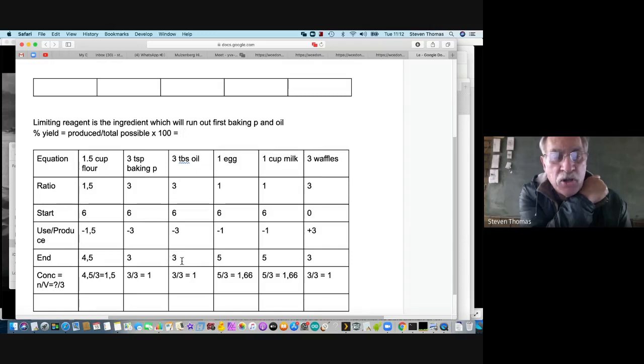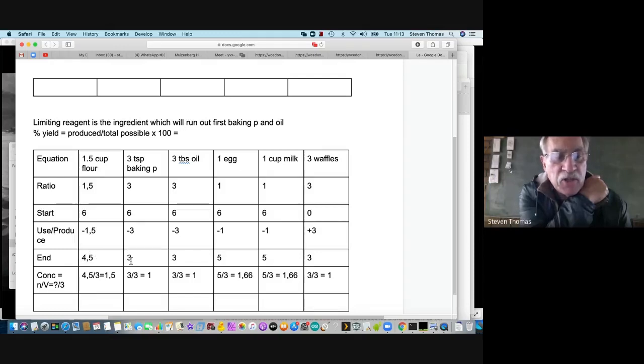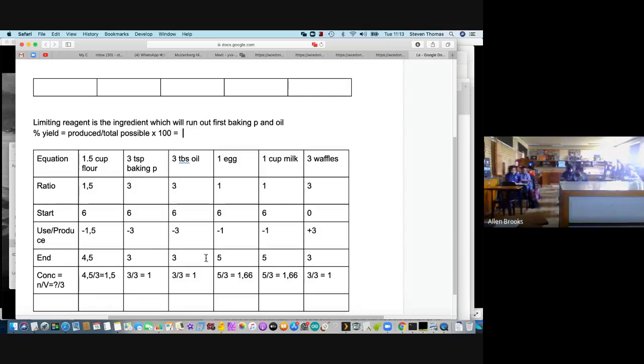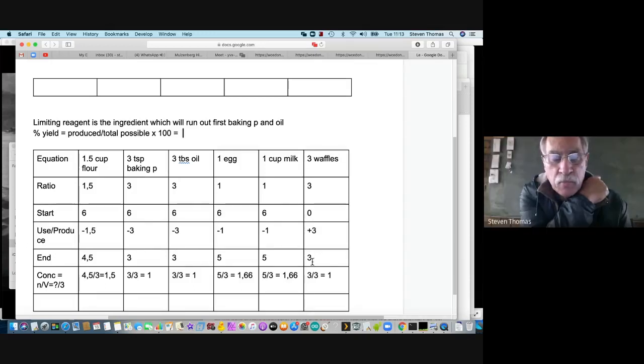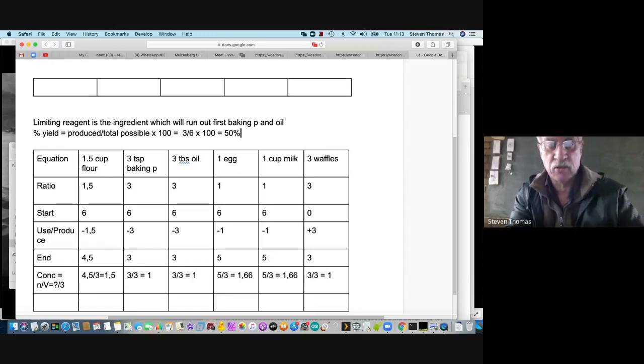I've got enough oil to make 3 waffles. I've got enough eggs, milk, flour. But the limit is going to be my limiting reagent. It limits me to make another 3. So I've made a total of 3 divided by 6 times 100 equals 50% yield.